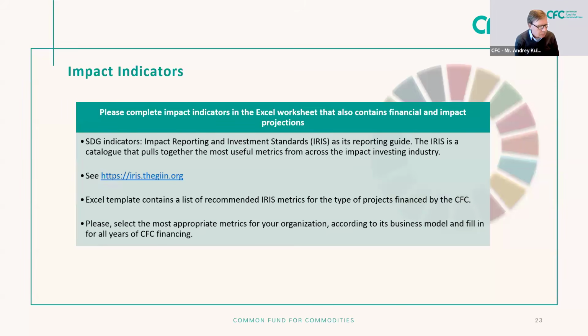The application form contains some suggestions of the impact indicators that you may want to include. Please review it carefully. If you have questions, please do not hesitate to contact us on the open call email address. It's a real email address. Somebody will read it and will try to address the questions.